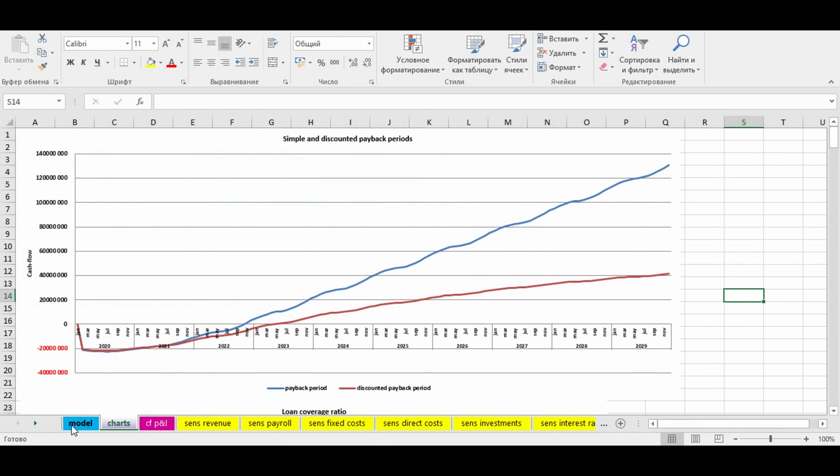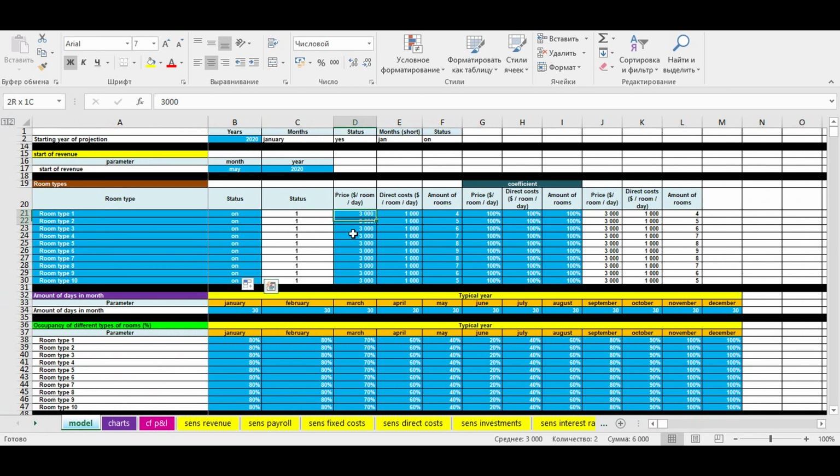Then, we set up prices per day, direct cost per day for each room type. Also, we specify the amount of each type of room in our hotel. Then, we have three columns of coefficients which have a value of 100% by default.